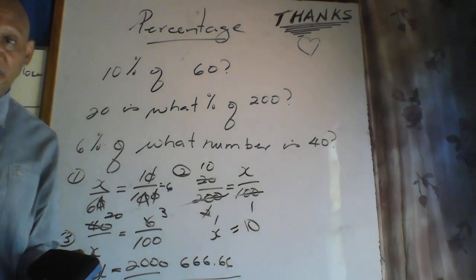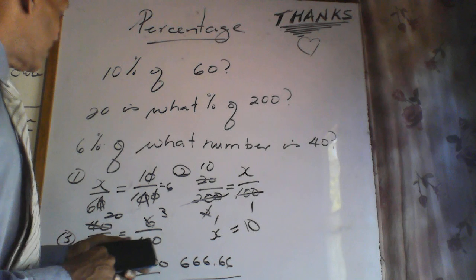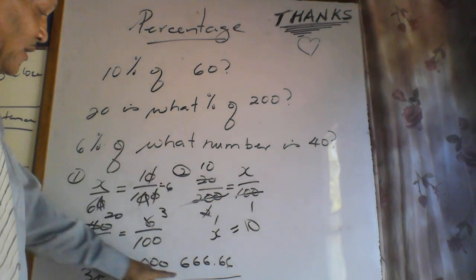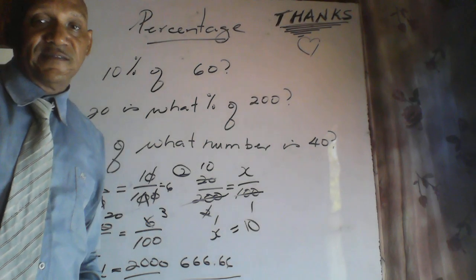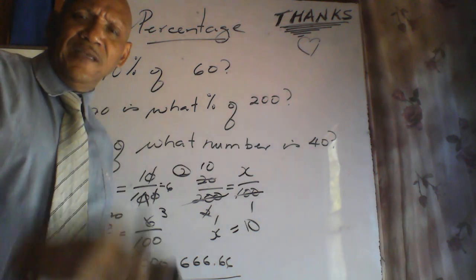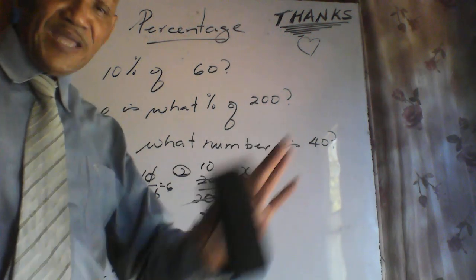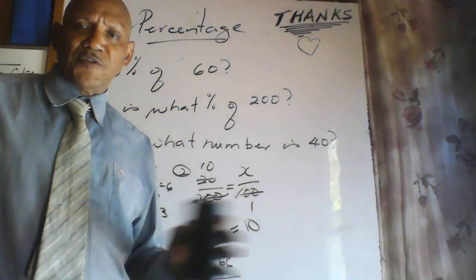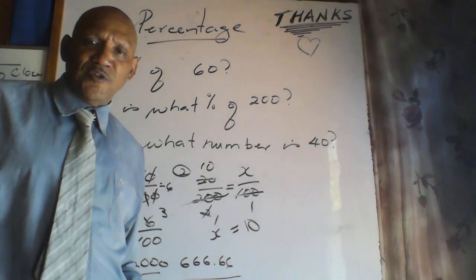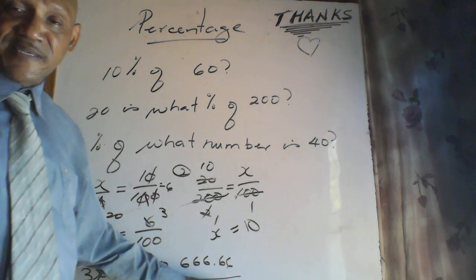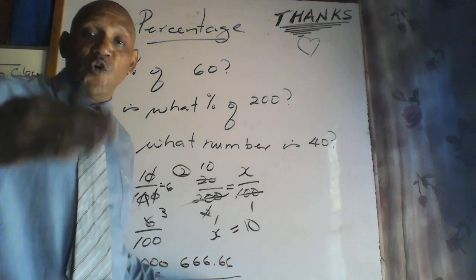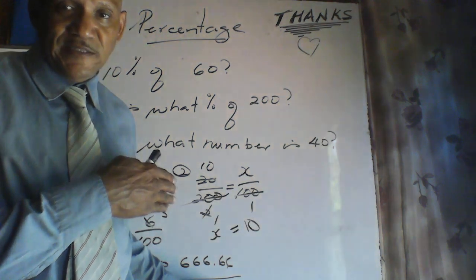That's basically what you're going to get. The answer is 6% of what number? 666.66. And I always stop at the 100th place after the decimal. If they say round it off to the 10th place, then I round it off. This will be 666.67. I showed you how to round off a number in my last segment.